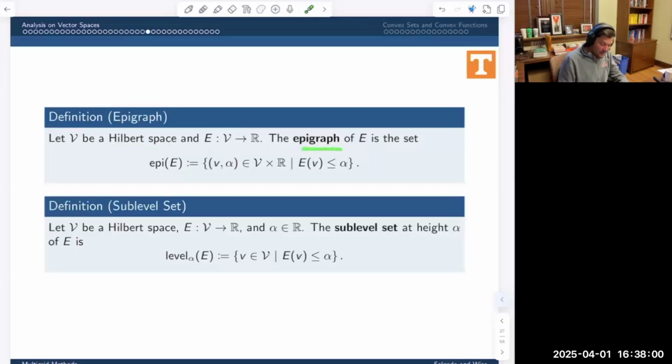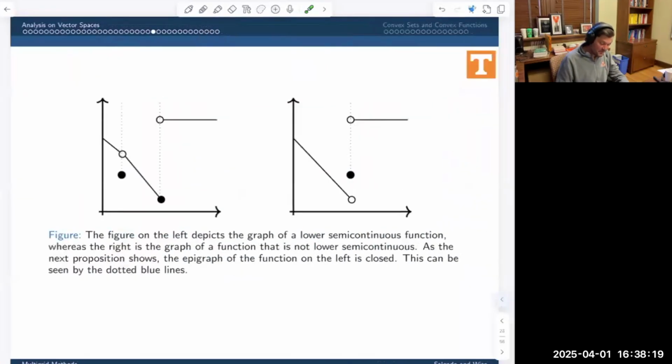The epigraph of E is the set of points (V, alpha) in V cross R, the set of all points such that E of V is less than or equal to alpha. I have a picture on the next page.